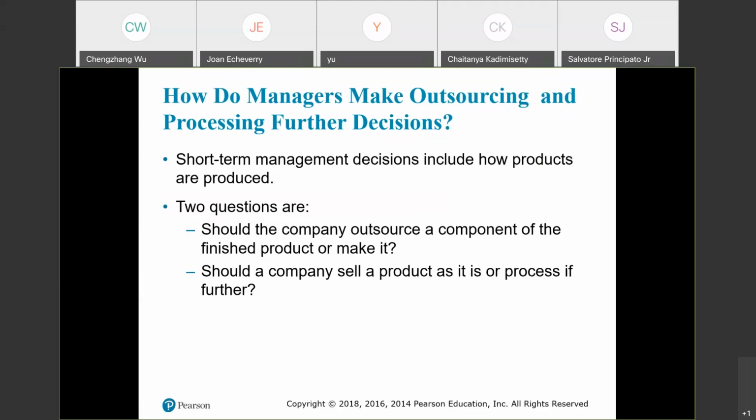Outsourcing decisions are often called make or buy decisions because managers must decide whether to buy a component of a product or service, or produce it in-house. Well, the heart of these decisions is how best to use available resources.